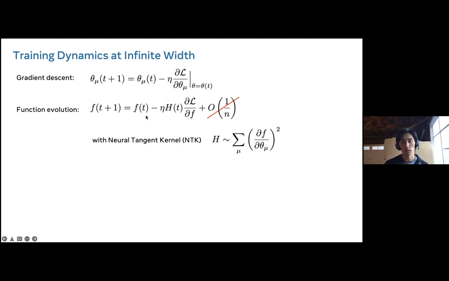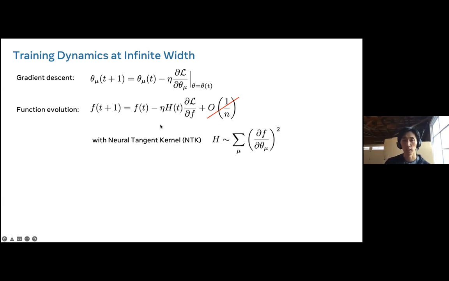What you have is the function at iteration t+1, you have the function before, and then you have the change in the function at first order in this expansion. And then you, in principle, would have higher order terms. But it turns out that these higher order corrections are of order 1/n, so you can suppress them in this infinite width limit.